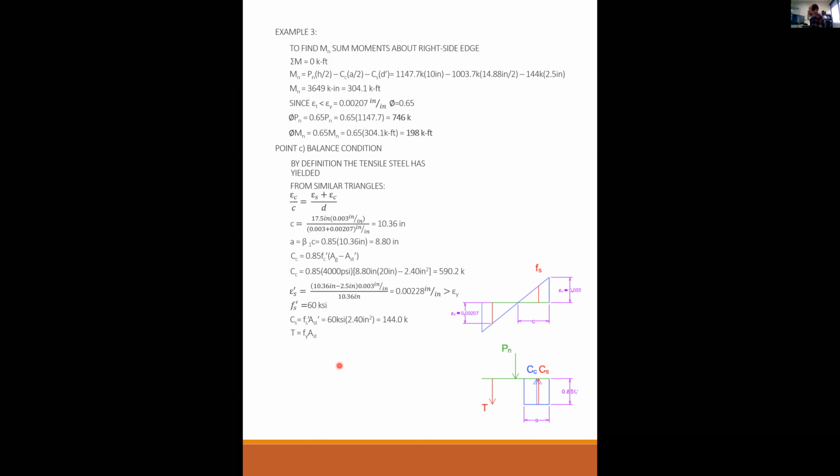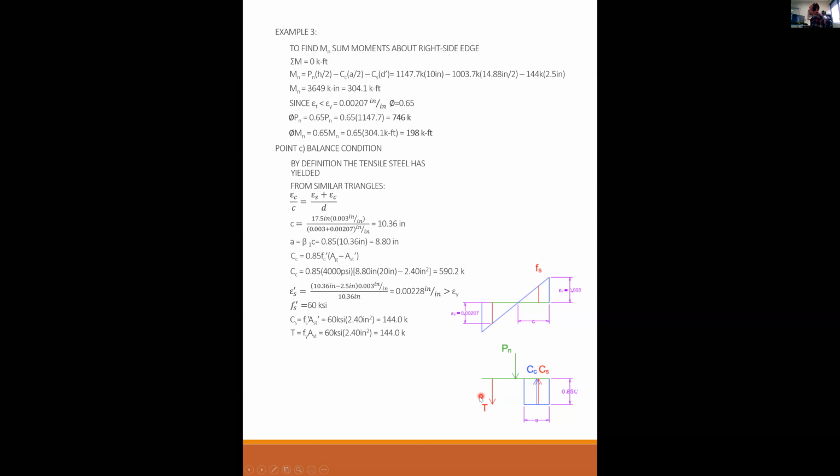T is not equal to 0 this time. T is at the yielding strain, which means that if it yields, the stress is 60. So I also have 144 kips on the tensile steel. So the compression steel and the tension steel balance each other out exactly: the compression steel is in compression 144, and the tension steel is in tension 144.